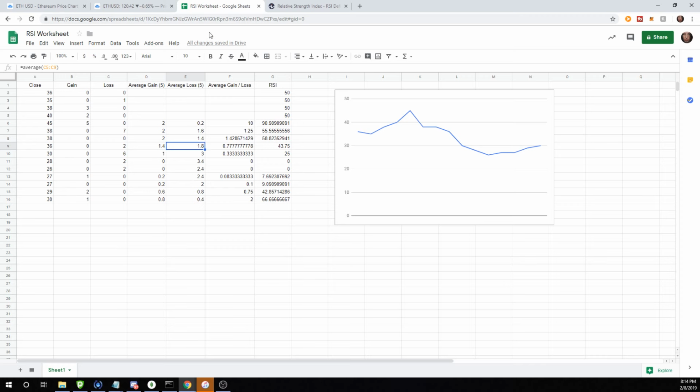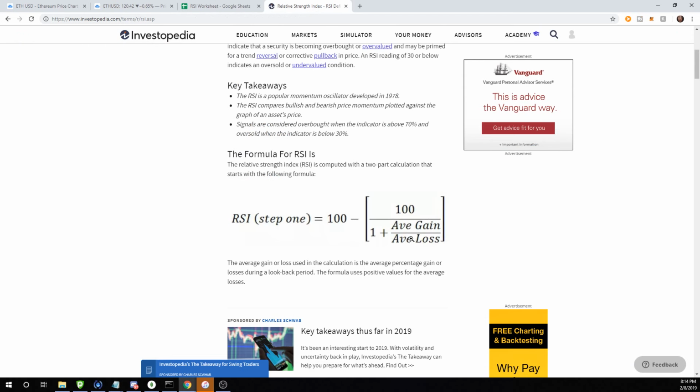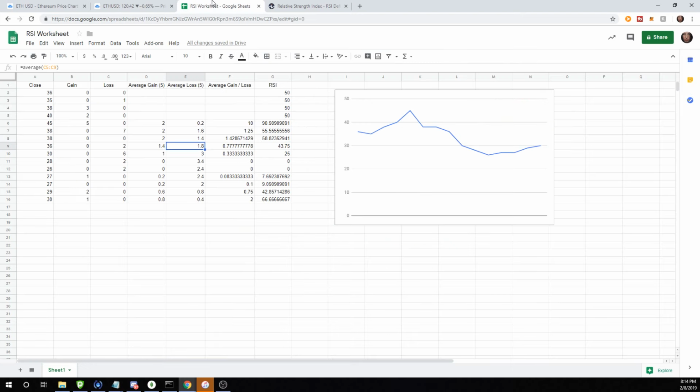Then what we want to do, according to the formula, is divide the average gain by the average loss. What we've figured out here is whether there was more gain than loss. If so, the gain's going to come out on top of that equation when we do our division. Versus if the loss came out on top, we're going to end up with a much smaller number.